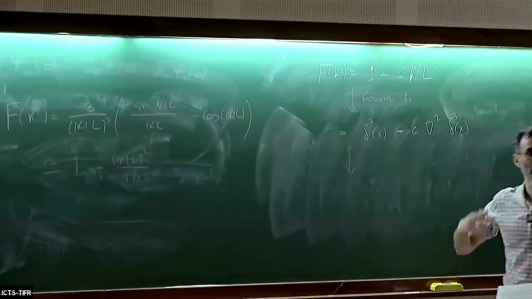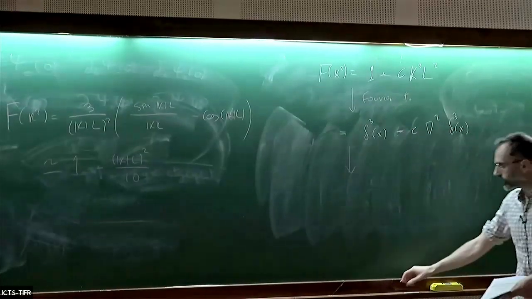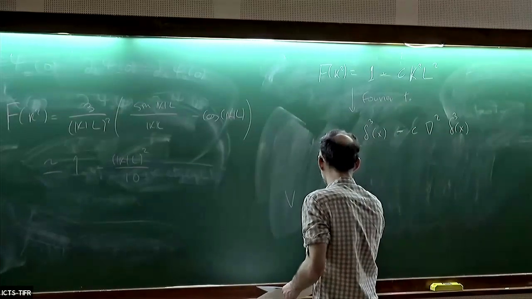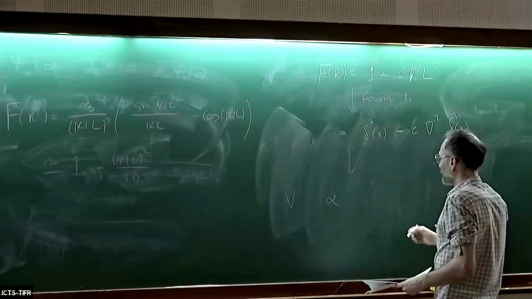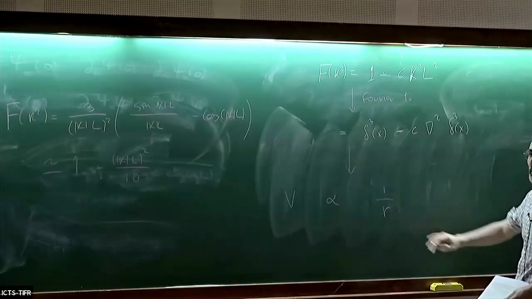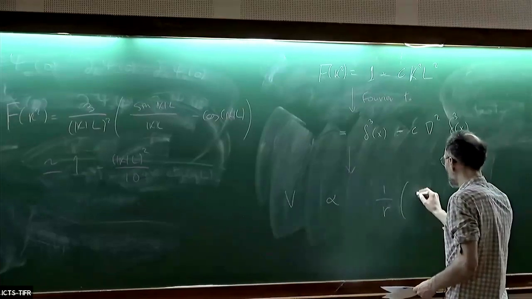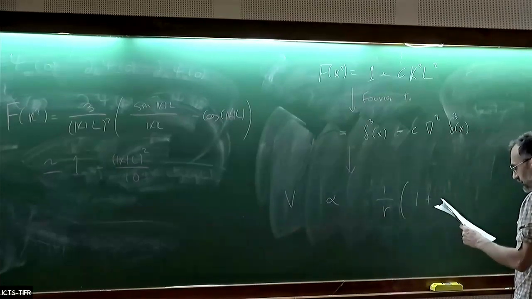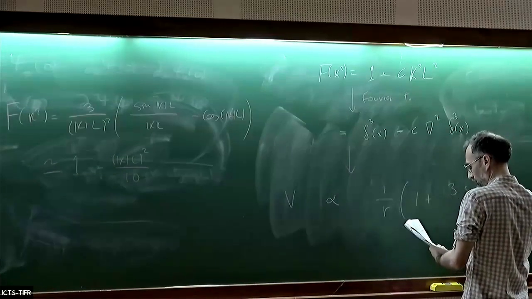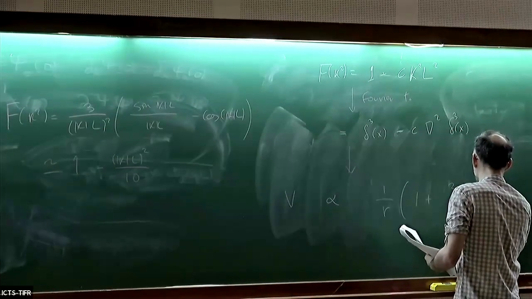And what do we mean by these higher corrections? That will give you a potential that is proportional to, the details are in the notes, 1 over R, the Coulomb potential, and then 1 plus 3 c L squared over R squared.